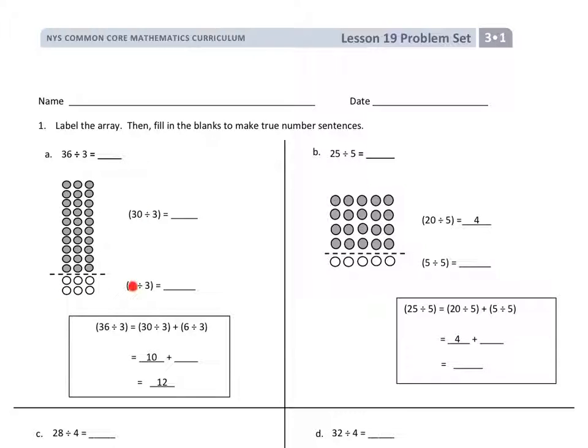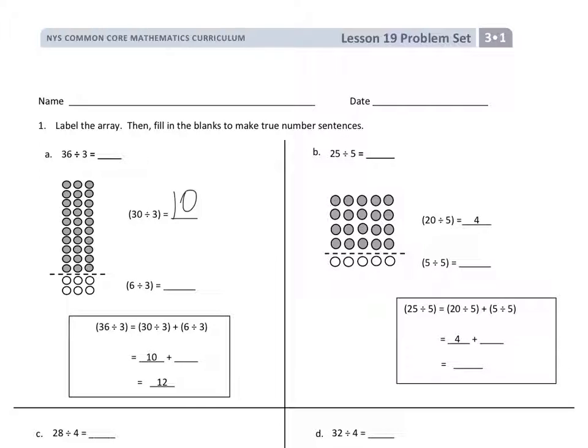And we're using 30 and 6 because 30 plus 6 is 36. So, what is 30 divided by 3? Well, if I have 30 objects, it looks like I have 3 in each row, so that gives me 10 rows. So 30 divided by 3 is 10, and I can think of it backwards, that 10 times 3 equals 30.